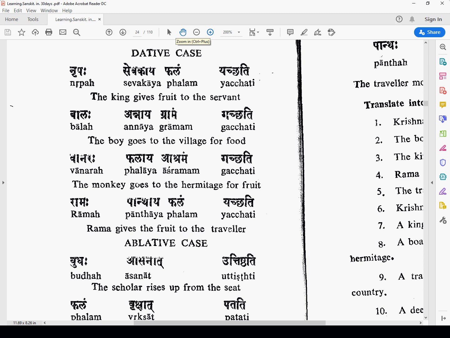And then to whom he is giving. Now to whom he is giving comes in the Chaturthi, the fourth case ending, Chaturthi Vibhakti. So here he is giving it to the servant. So that is here Sevakaya. Nripaha sevakaya phalam yachati.